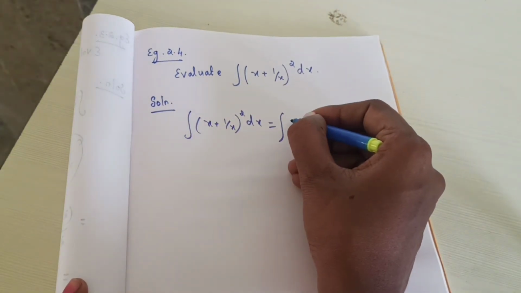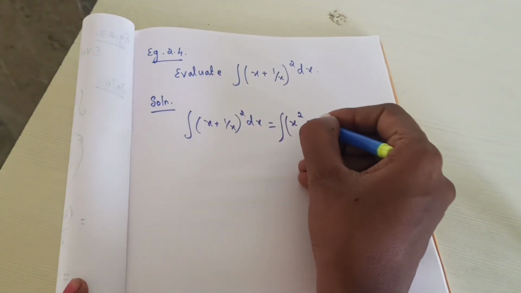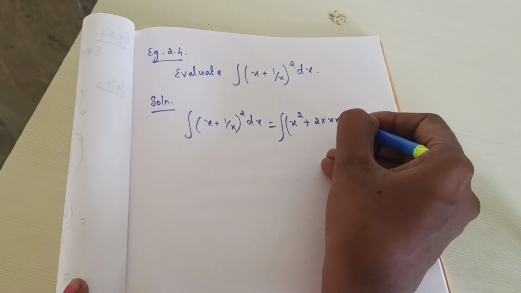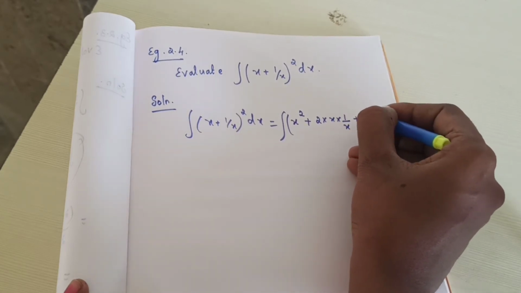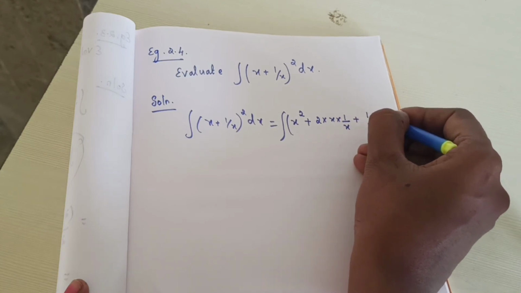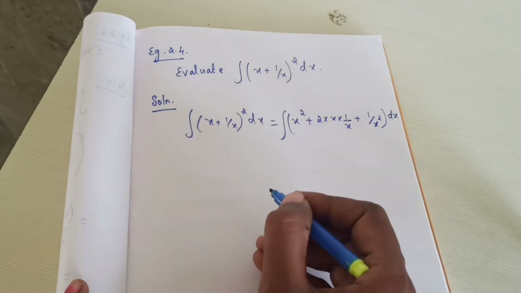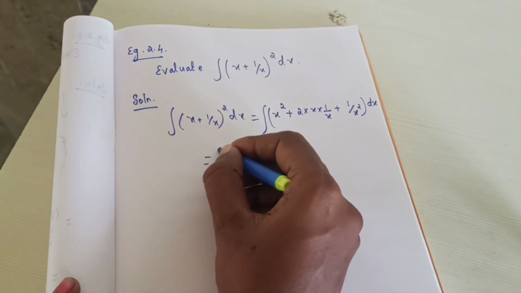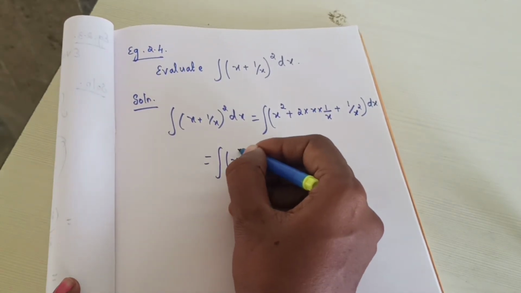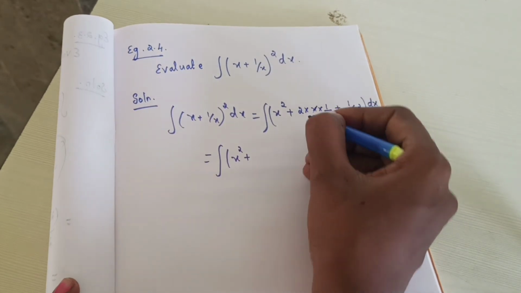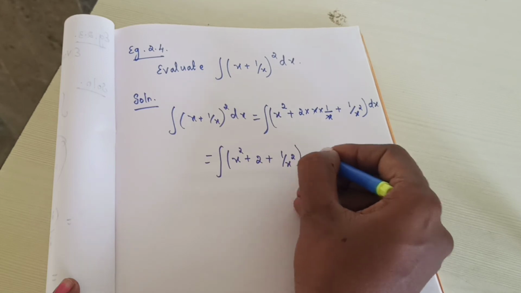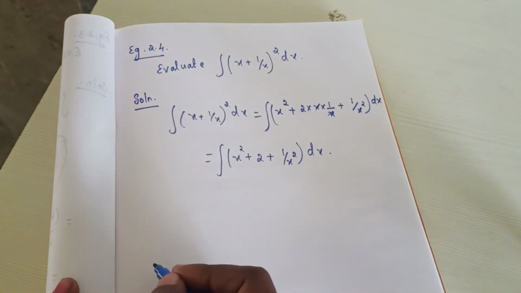So we are going to split like this, that is x square plus 2ab, 2ab means 2 into x into 1 by x, plus 1 by x square, into dx. Just I expanded it by using the (a plus b) the whole square formula. That's equal to integral of x square plus 2, since the x and this will get cancelled, plus 1 by x square into dx. That's done.